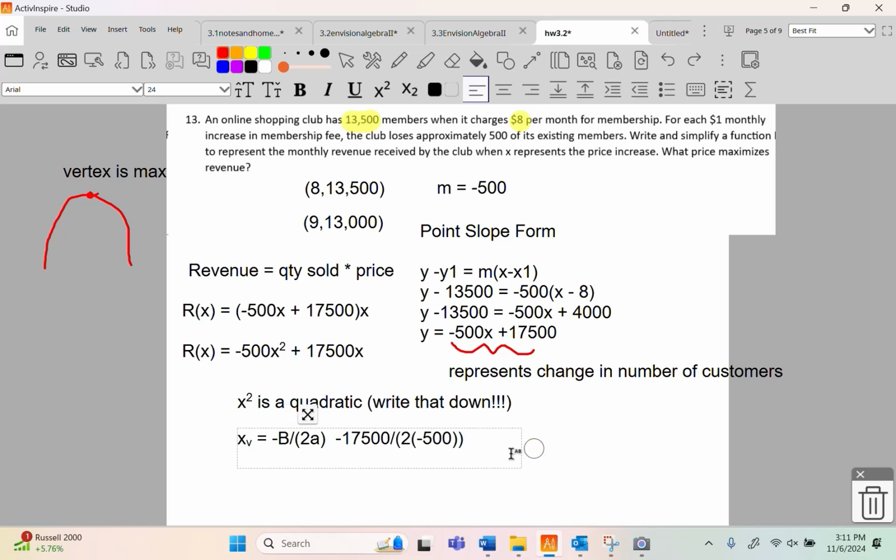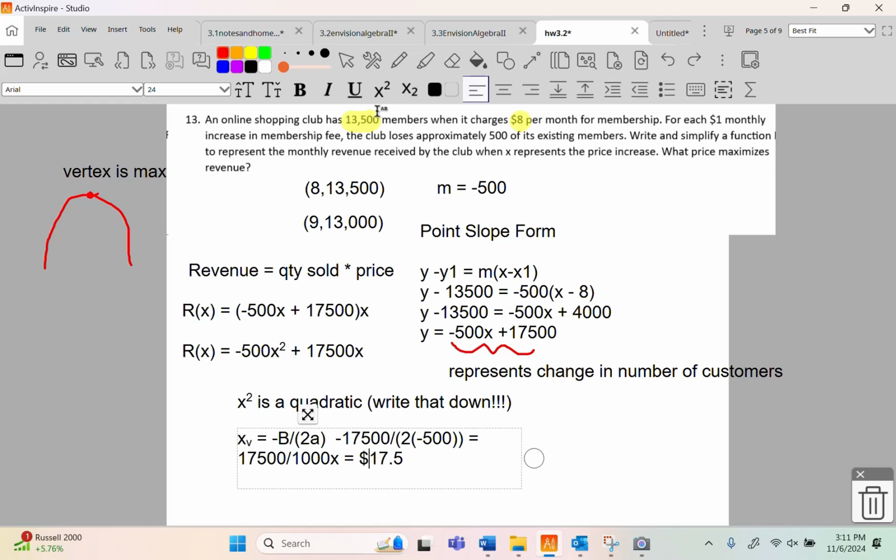All right, cool. That's going to be negative over a negative. It's going to be positive. It's going to be 17,500 divided by 1,000, which is going to be 17.5. Seems right. So X is 17.5, and this is dollars, by the way. That is the price that maximizes revenue.